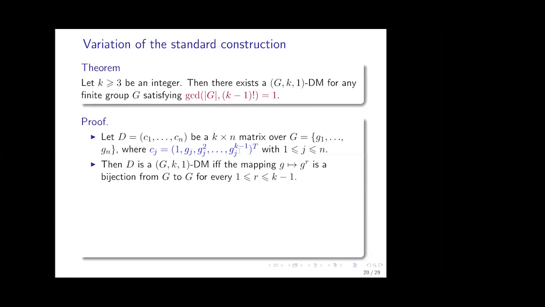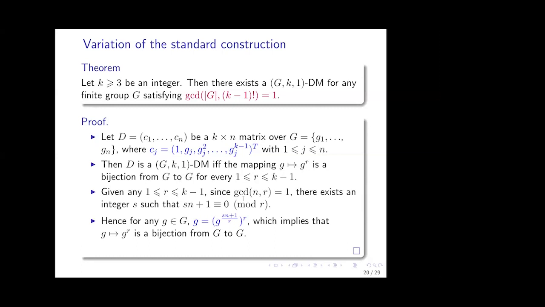This is its jth column with the standard pattern. Then this matrix D is a GK1 difference matrix if and only if the mapping G to the R is a bijection from G to G.